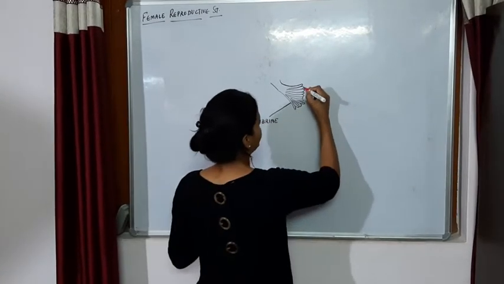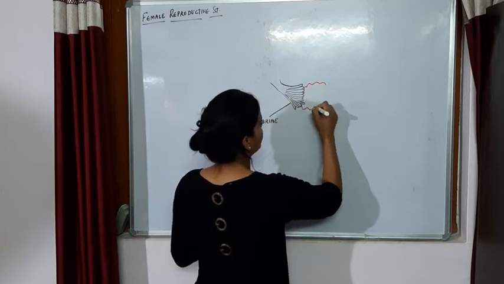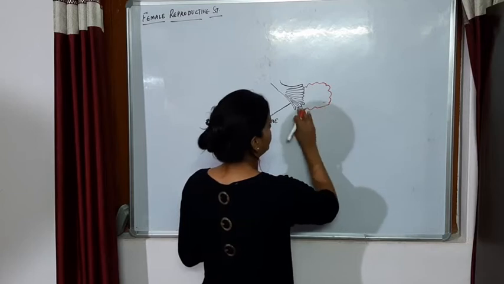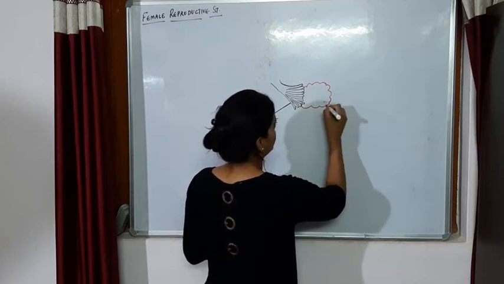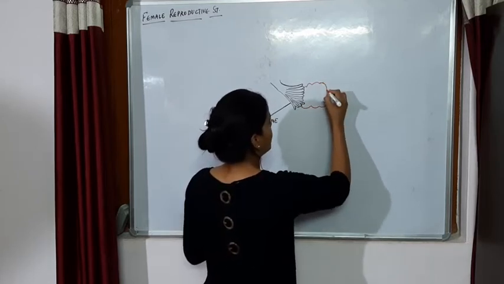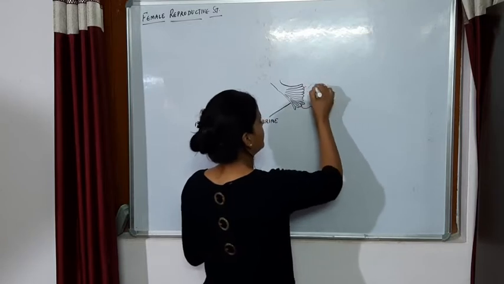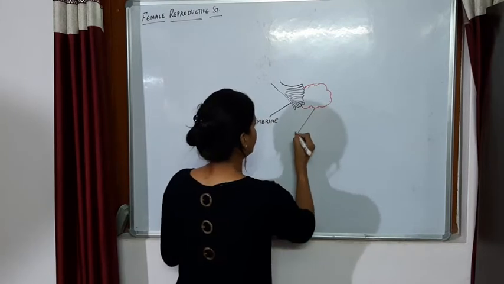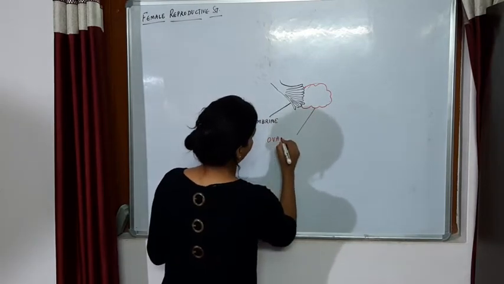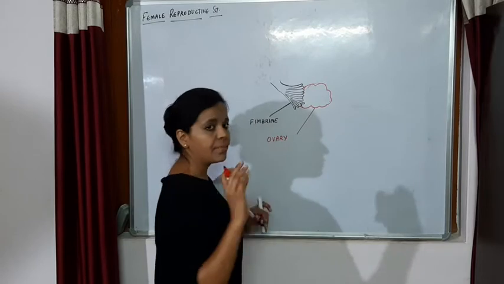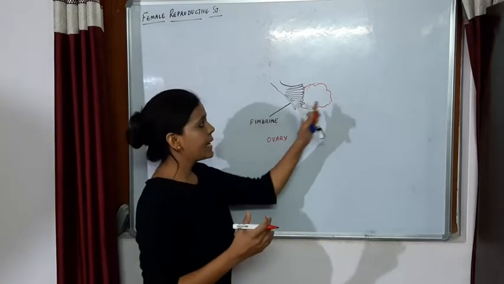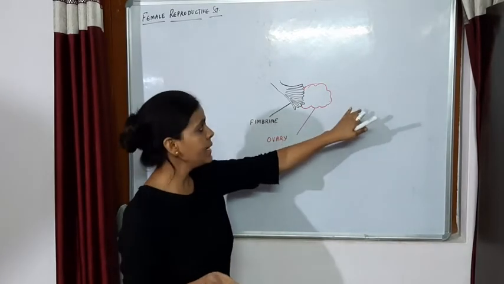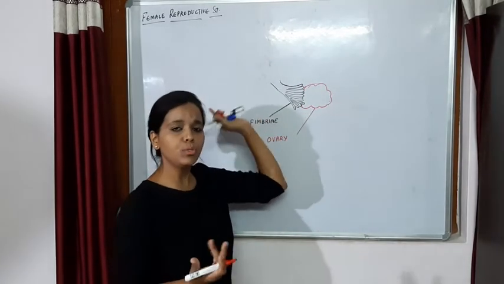So let's make the ovaries. This is an ovary, and we have discussed that the ovary is attached to the uterus by the ovarian ligament, and to the pelvic part by the meso-ovarium.